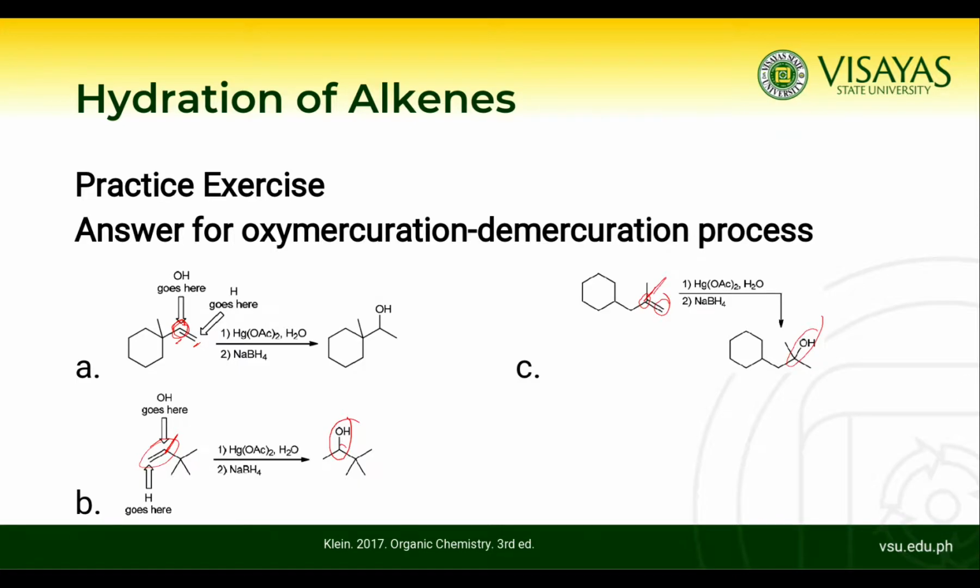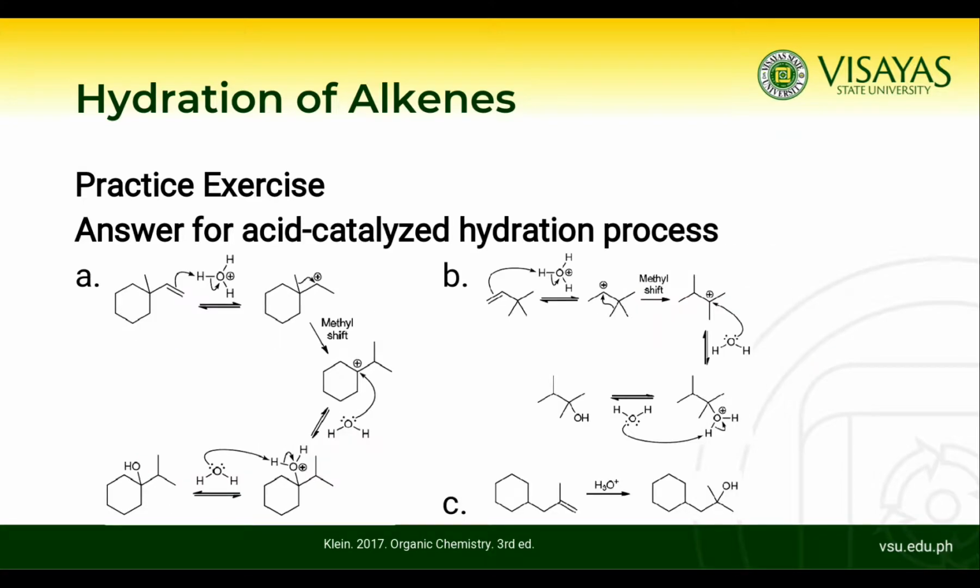Now, what if we have the acid-catalyzed hydration? Again, as I have mentioned earlier, in the first step, we are forming the carbocation intermediate. So, in this example, in letter A, the carbocation formed here, we have our positively charged carbon here, it's a secondary carbon. And the next carbon here, we have actually a methyl group.